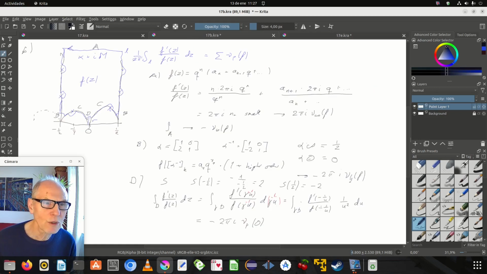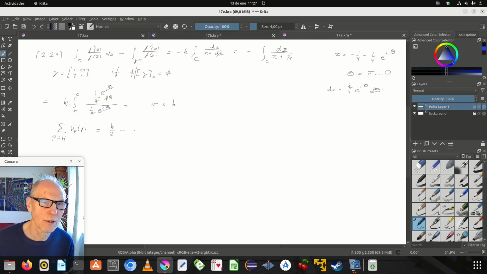It's 4 times the order of the zero at naught, and 1 times the order of it at infinity, and 1 times the order of the zero at minus 1/2 or 1/2.